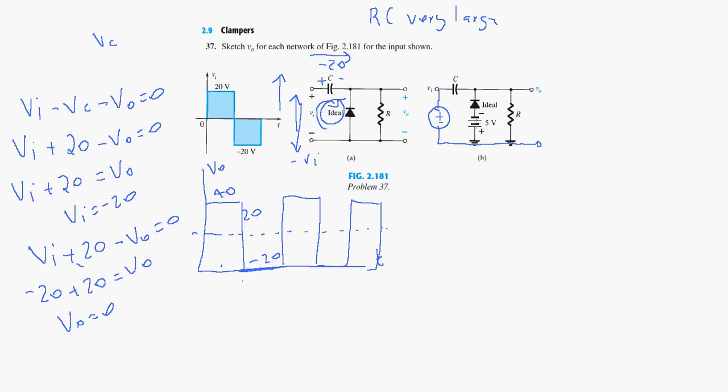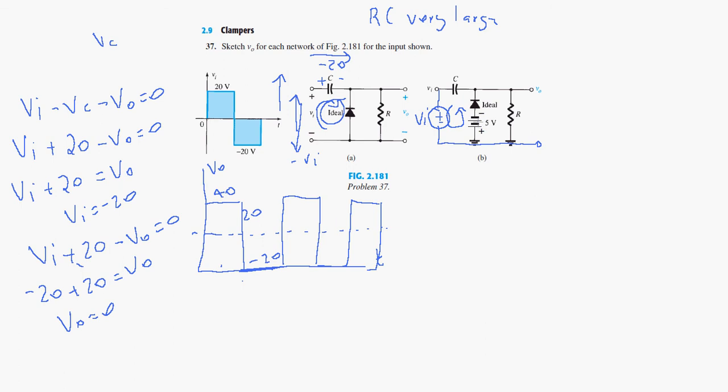When the voltage is clockwise like this, same thing, the diode is reverse biased, and the capacitor will not have time to charge because this RC is really large. Then we look at the anti-clockwise voltage. Here we have VI, and this diode will be forward biased because the voltage here is greater than 5 volts.